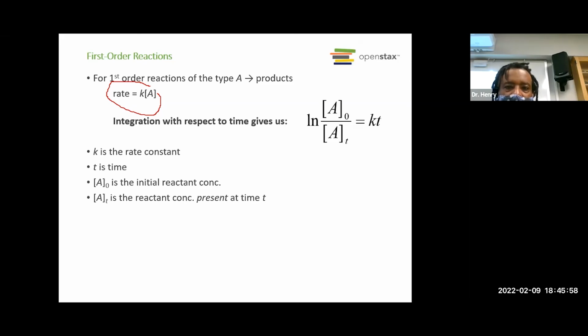The natural log of A naught over A, you can actually break down to be ln A naught minus ln A t equal kt.